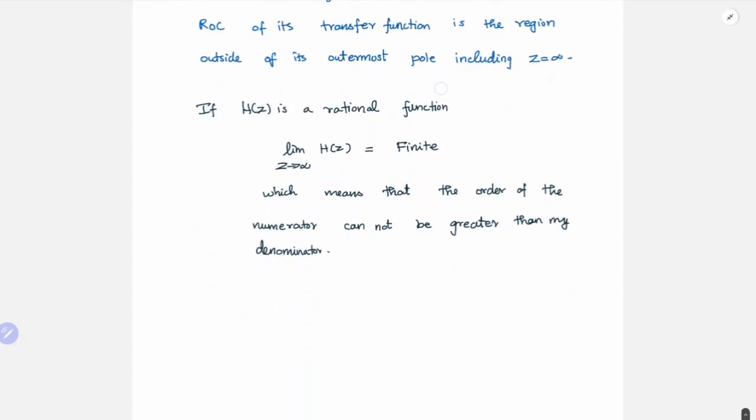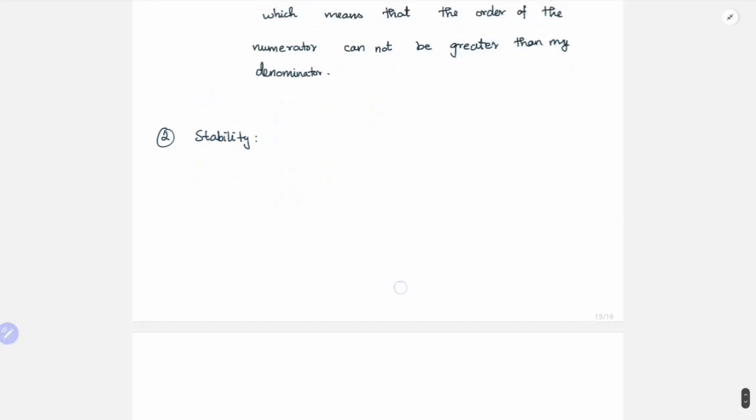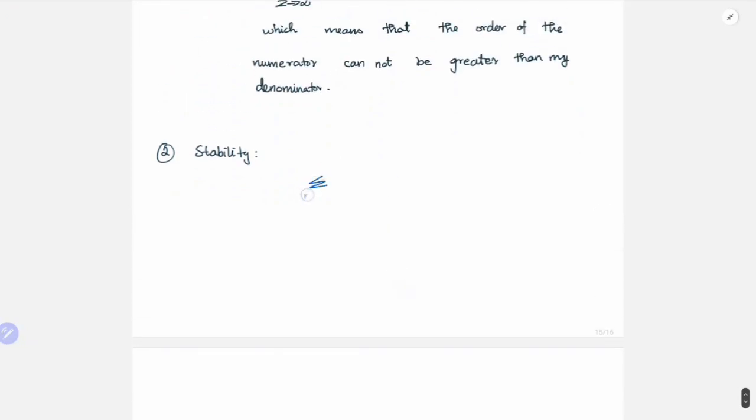So next condition is stability. Let us look at the stability property of our LTI system. For stability, we know that the summation n equal to minus infinity to infinity of mod h of n should be less than infinity.